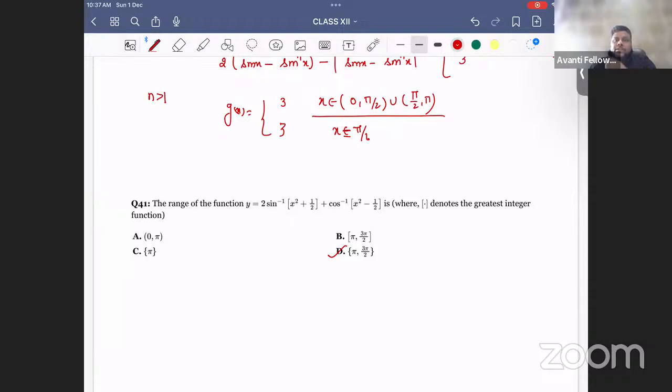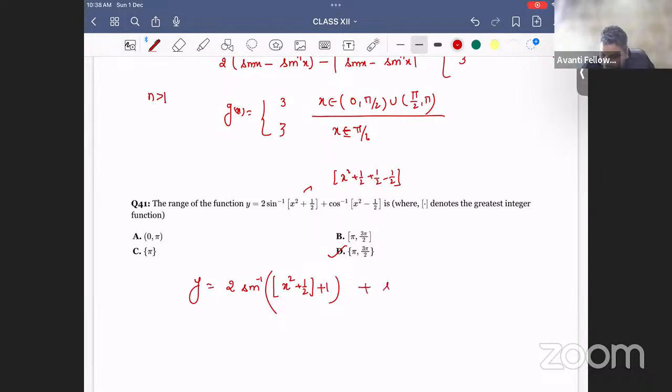The greatest integer of (x square minus 1) by 2 is equal to something. What I can write is y equals 2 sine inverse of the greatest integer of (x square plus 1) by 2, minus 1. I actually wrote it like the greatest integer of (x square plus 1) by 2, then I added 1 by 2 and subtracted 1 by 2, so it becomes plus 1.